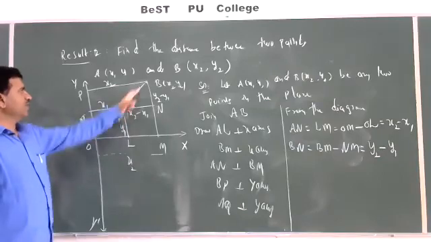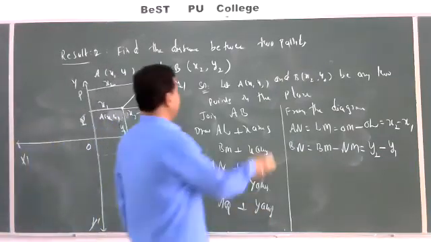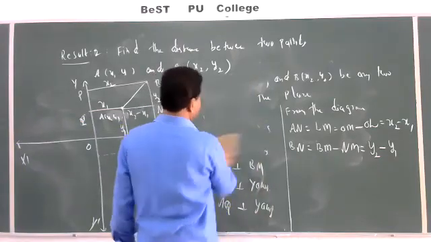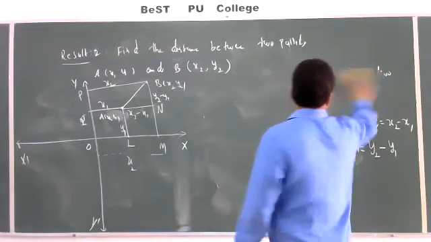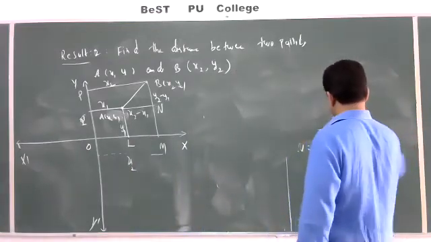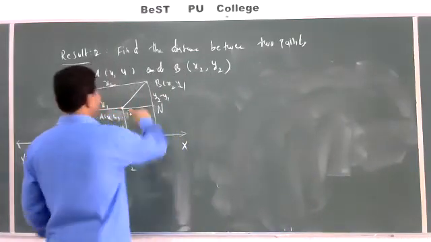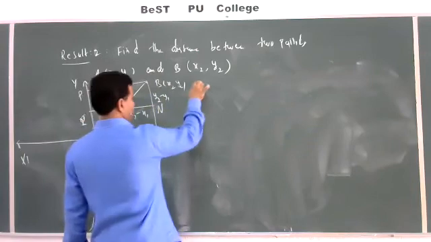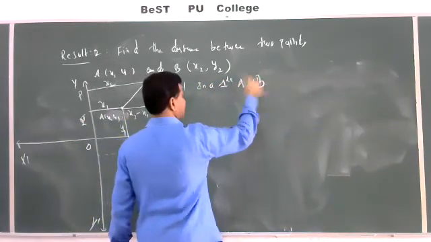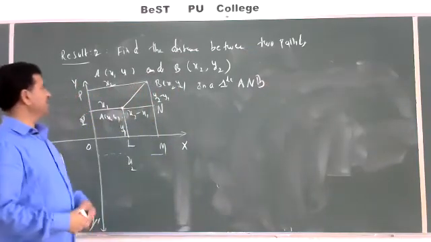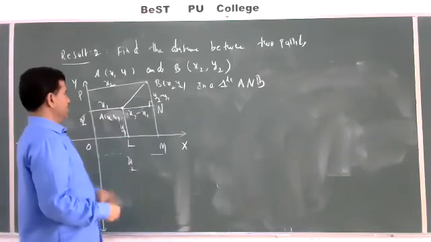Now what do we require here? AB. So consider a triangle A and B. In triangle AB, it is a right angle triangle. Already we constructed it like that only. Now see this one.